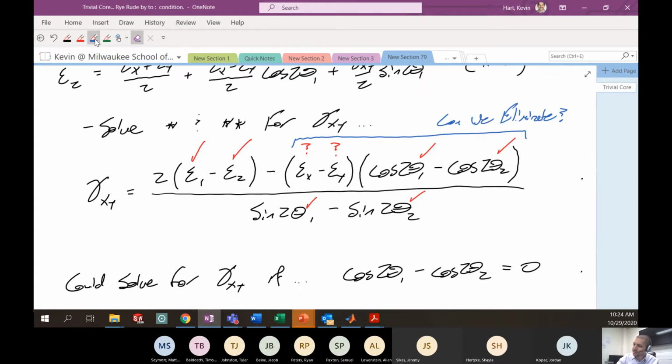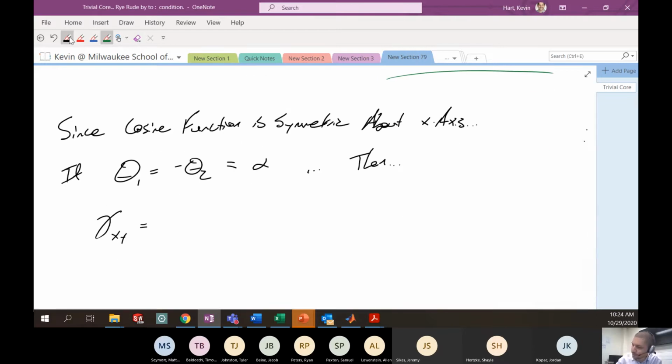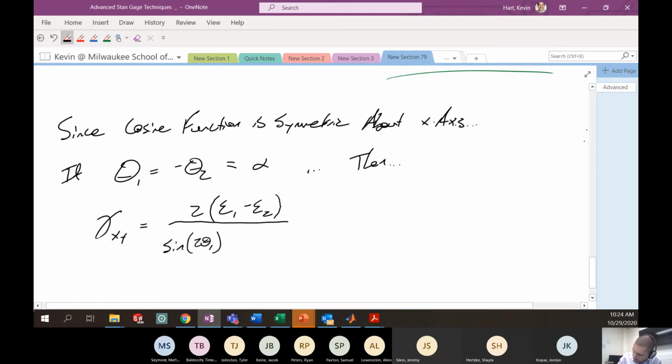So if this is true, then this term here will go to 0, and we'll just be left with the other terms in that equation. So here this will just be 2 times epsilon 1 minus epsilon 2, divided by this other term, sine 2 theta 1 minus sine 2 theta 2.